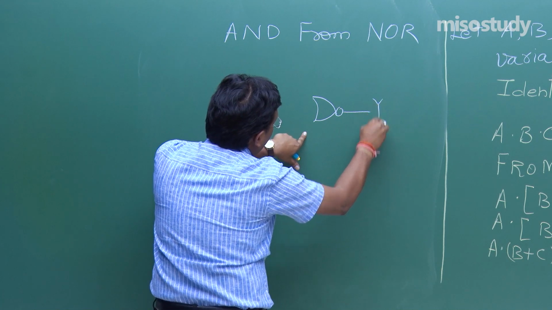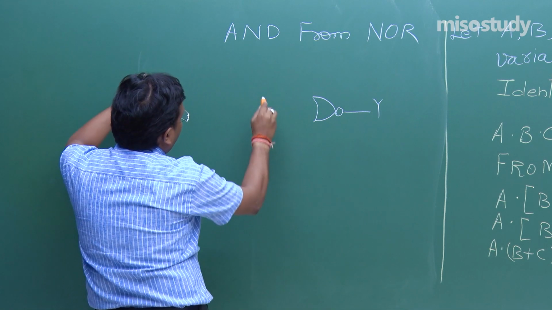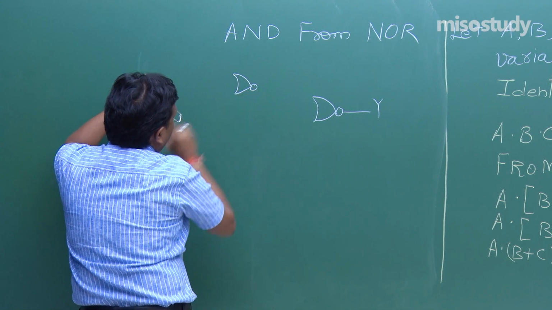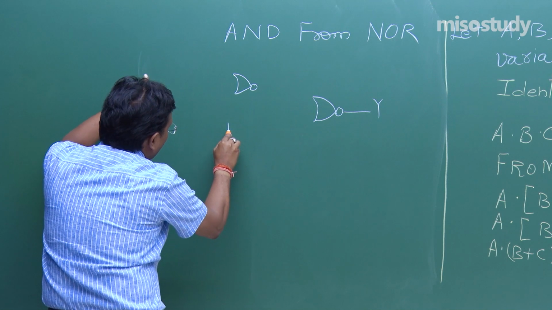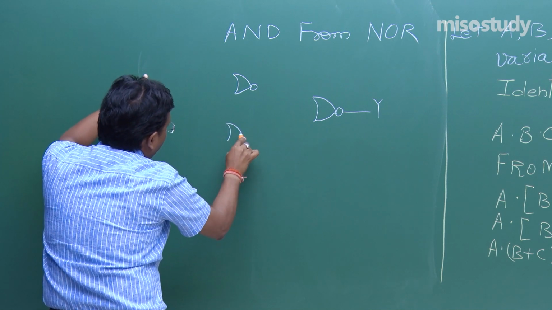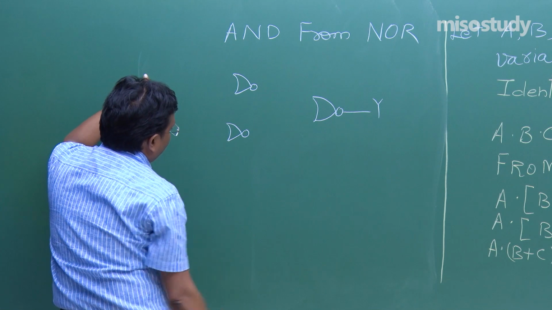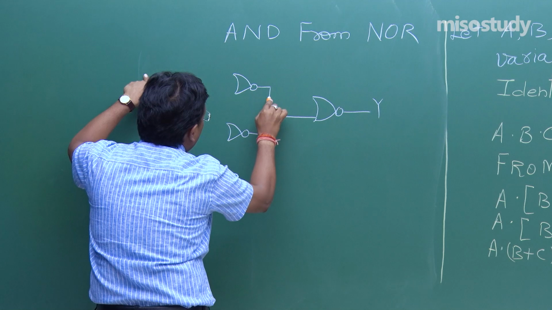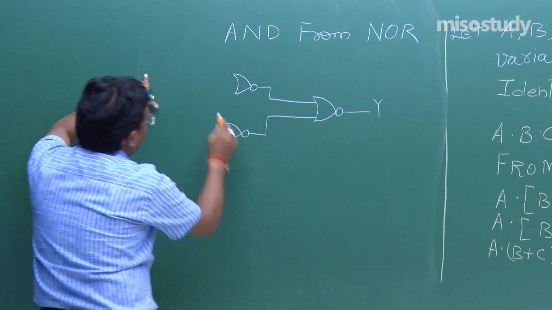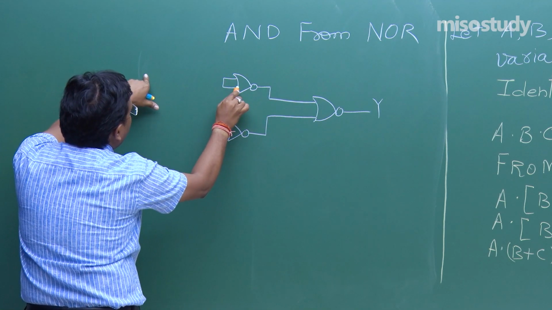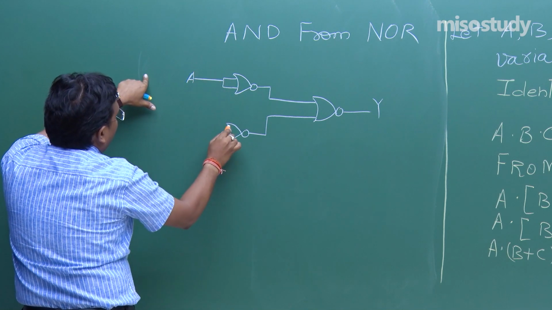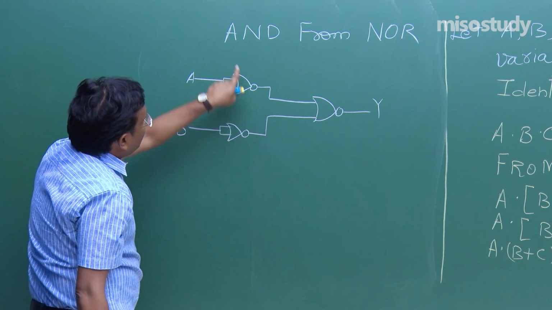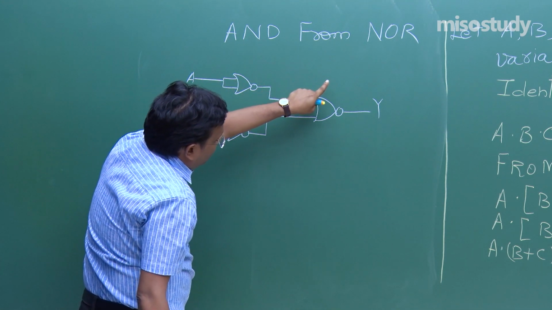This is your Y and the input of this gate is given like this way, and one more gate that is this way. Fine. Now outcome should be added over here, and both the inputs A and both the inputs B. So this will give you the realization of AND gate from NOR gate.